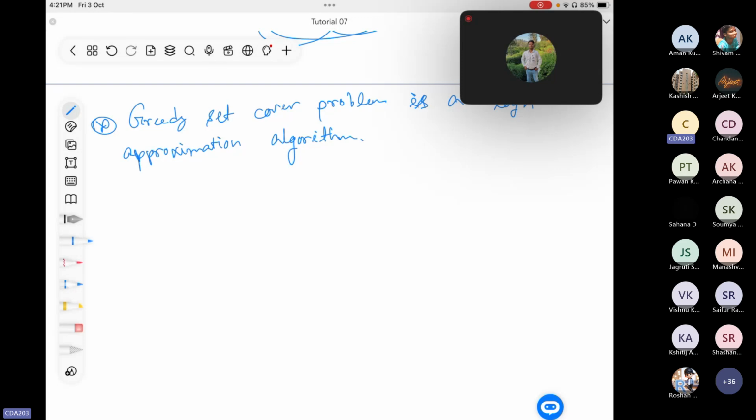There is an algorithm called Dijkstra's algorithm, which uses this greedy technique to find the shortest distance from a source to a destination. The roads have weights, which means your cost. These are the greedy algorithms.